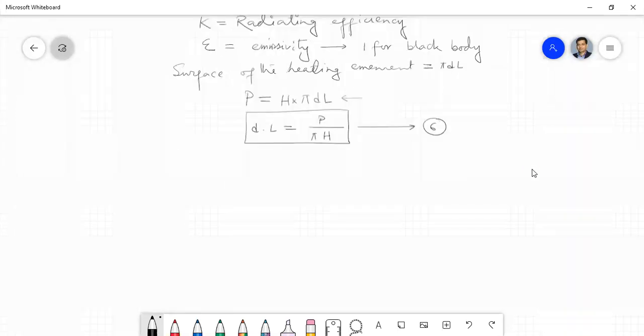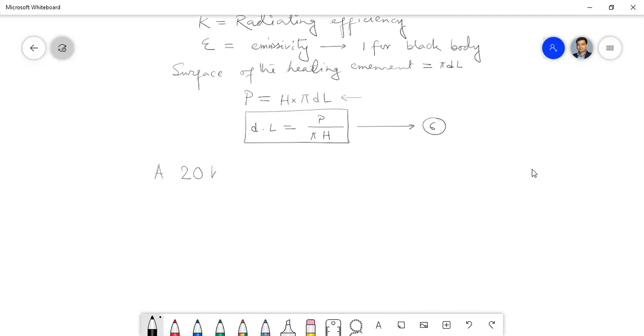Now we will first write a problem that is also given in your book, and then we'll discuss that. First you write that problem.